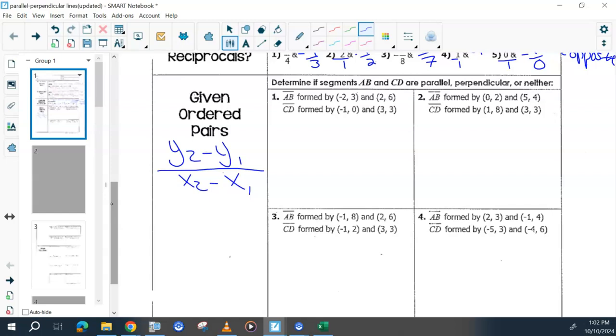We're going to do that for both of these. Label these if you need to, x1, y1, x2, y2. We're going to find the slope for AB first by doing 6 minus 3 over 2 minus a negative 2.